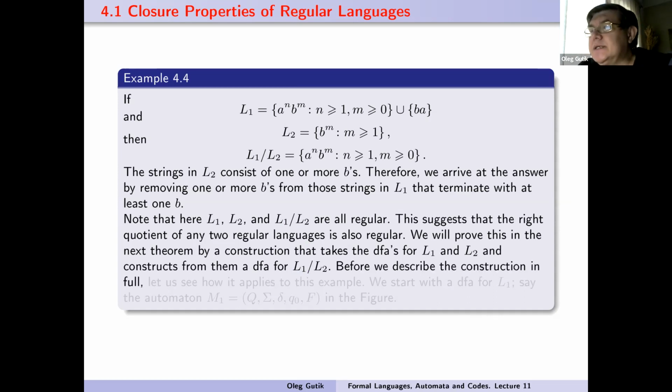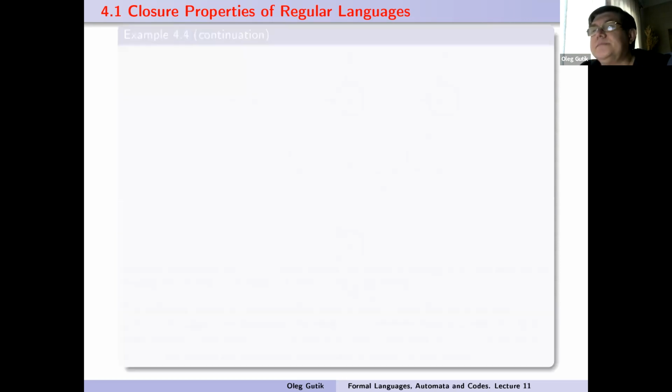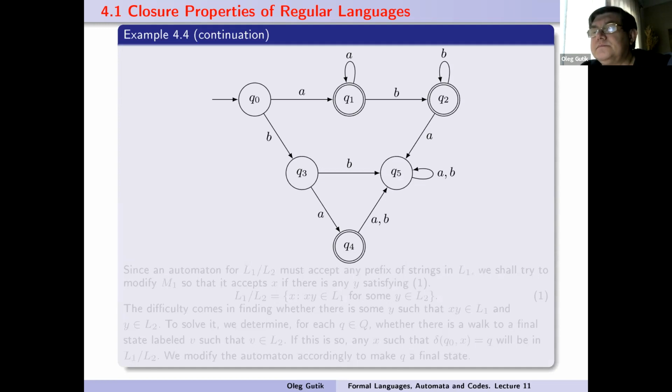Before we describe the construction in full, let us see how it applies to this example. We start with the deterministic finite acceptor for the language L1, say the automaton M1 with the set of states Q, alphabet sigma, transition function delta, initial state q0 and the set of final states F, shown in the following figure.